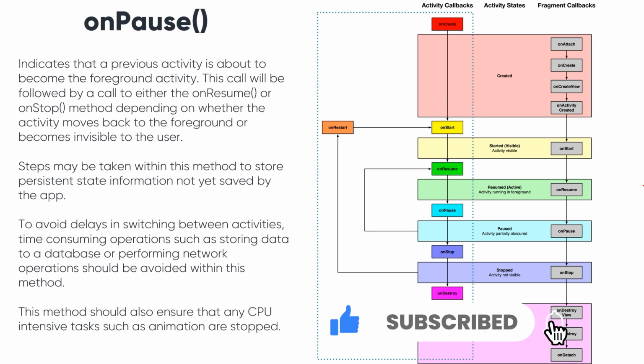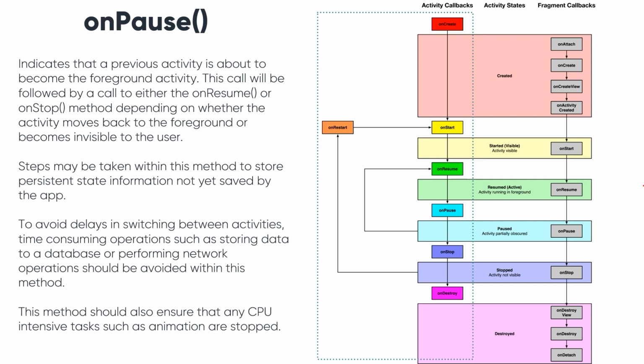The onPause method indicates that a previous activity is about to become the foreground activity. This call will be followed by a call to either the onResume method or the onStop method, depending on whether the activity moves back to the foreground or becomes invisible to the user.